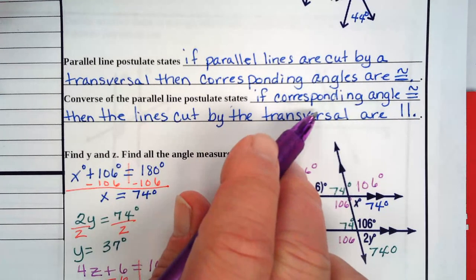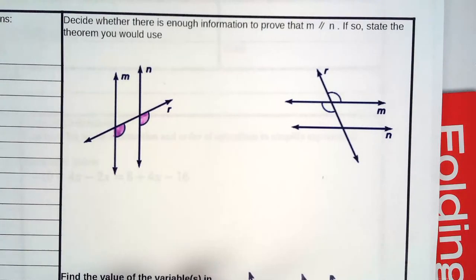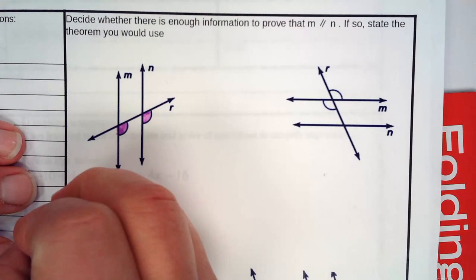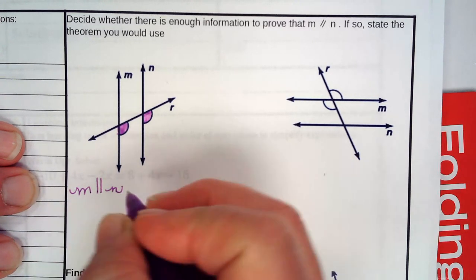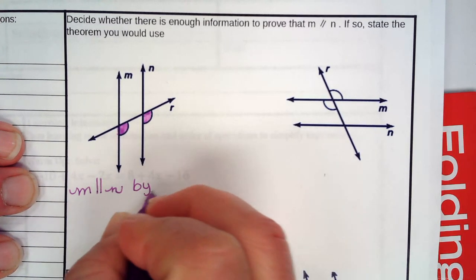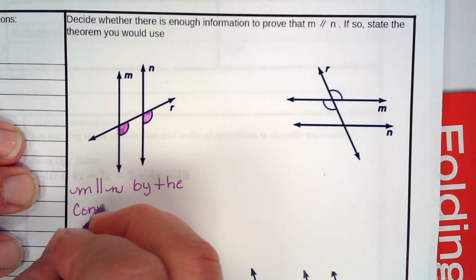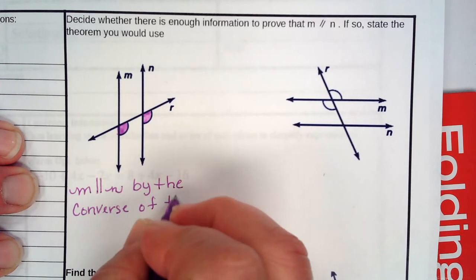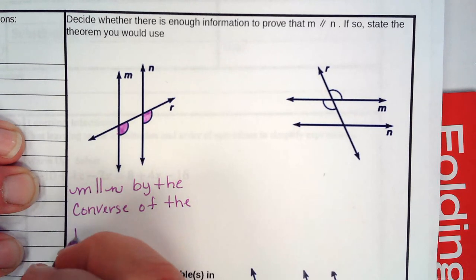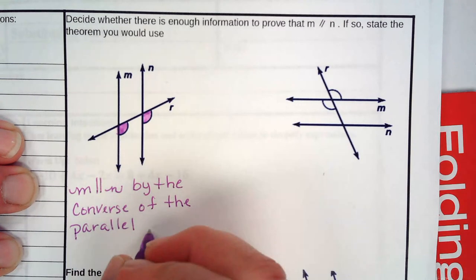If your corresponding angles are congruent, then the lines are parallel. So yes, they are parallel. M is parallel to N by the converse of the parallel line postulate.